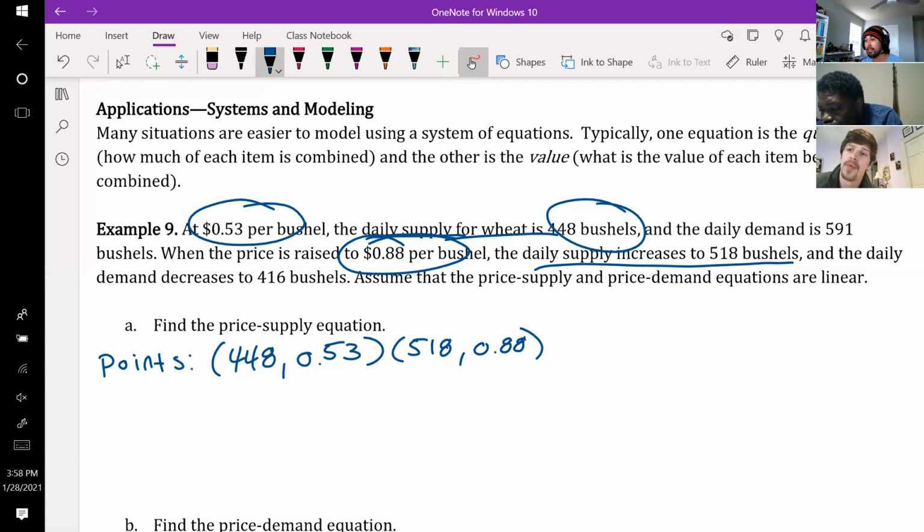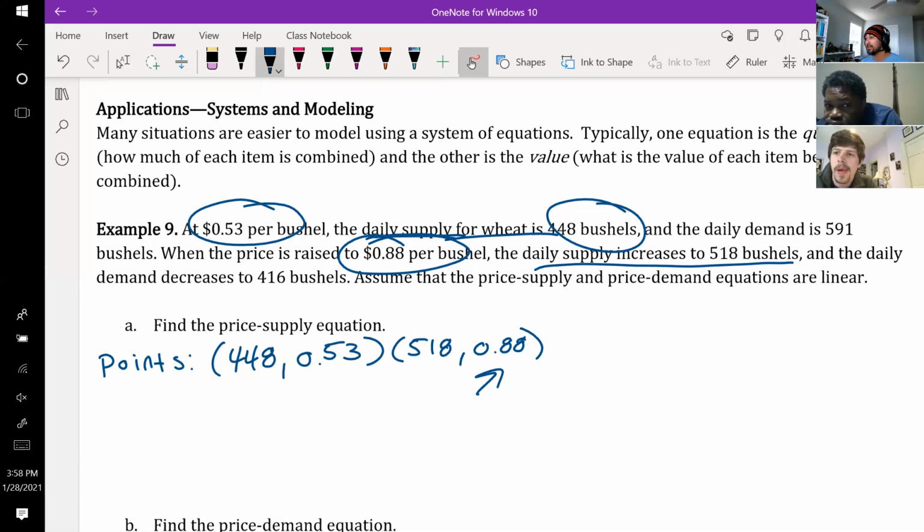And does it matter which of these are X and which are Y, like if we flip those two? It does matter, because if you flip them, you're going to have a totally different type of graph. If you put price first, then you'll have a price amount in terms of supply, but we want supply in terms of price.